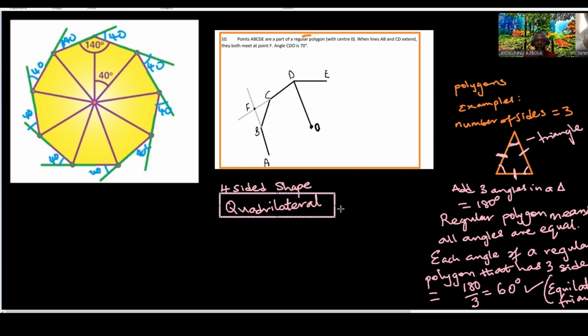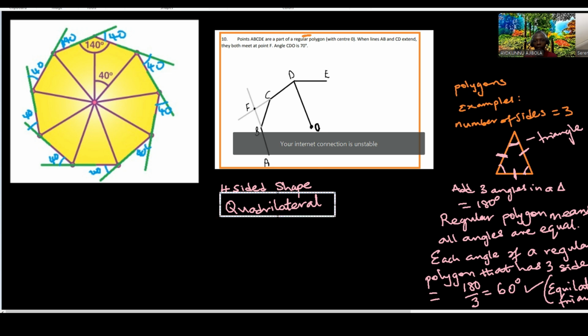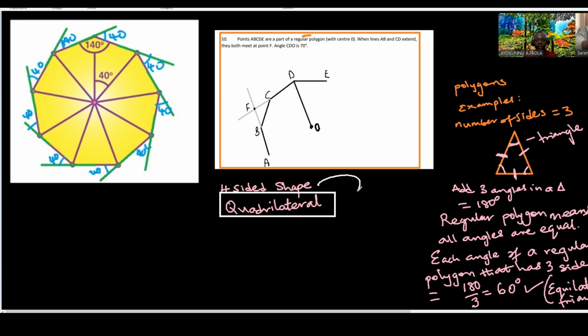Yeah, I'm reading it. What's this called? Quadrilateral. Say it again. Quadrilateral. Good. So a shape with four sides is called a quadrilateral.